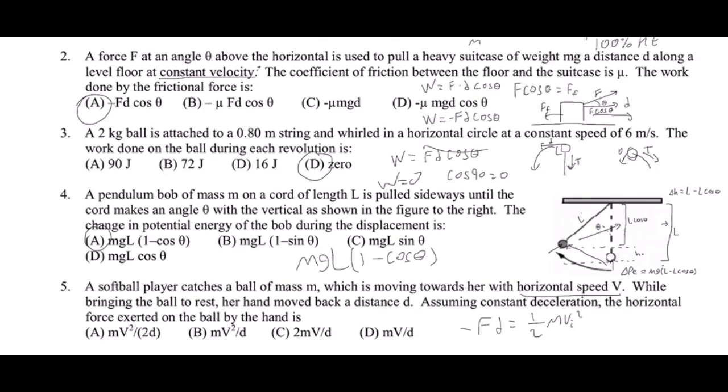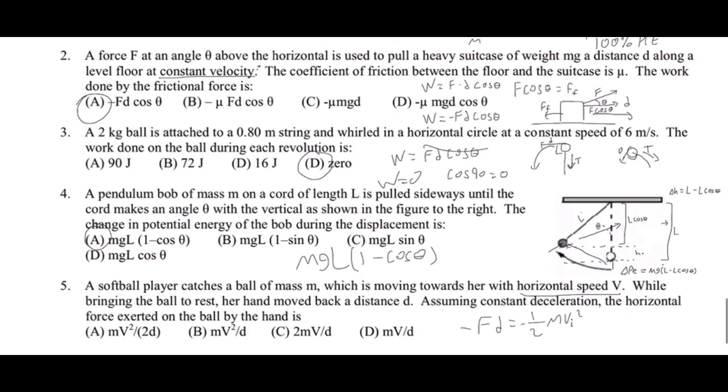So now all we have to do is solve for the force. And when we do solve for force, hold on. This is actually a negative 1/2 mv initial squared.